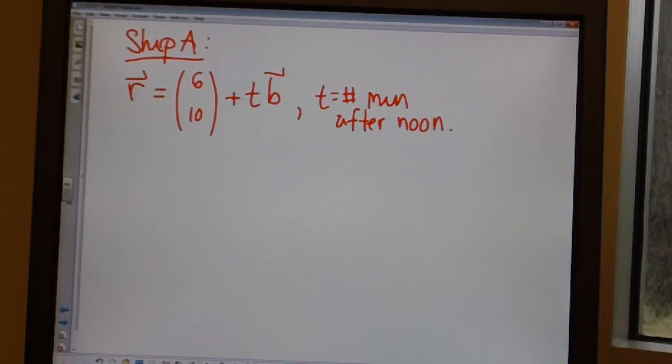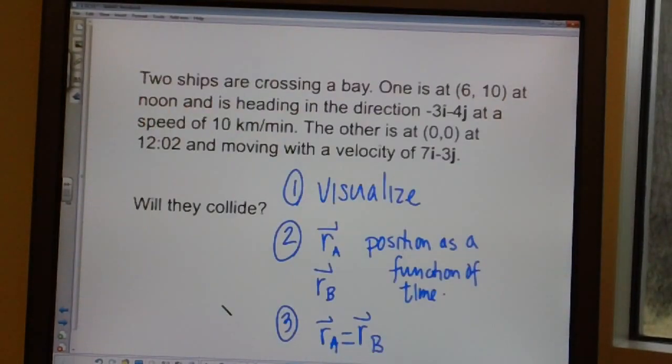All right, so I need to find its velocity vector. I'm given the direction of its velocity vector, so I know that its velocity vector is parallel to the direction vector I was given, which was -3 i hat minus 4 j hat.